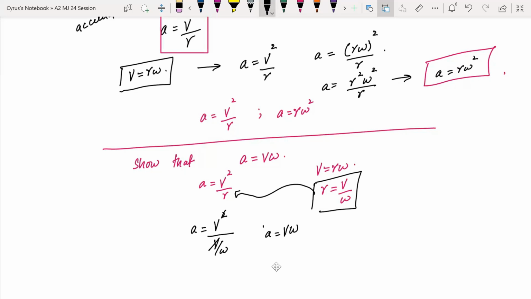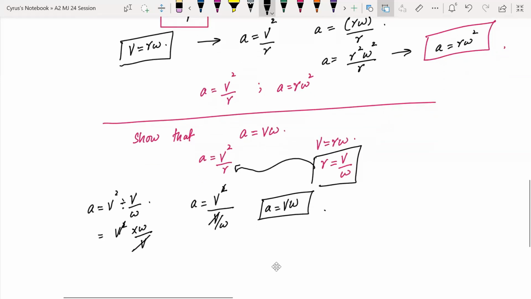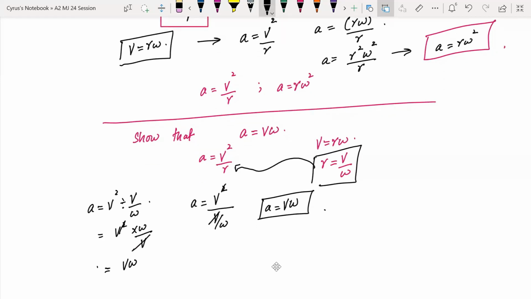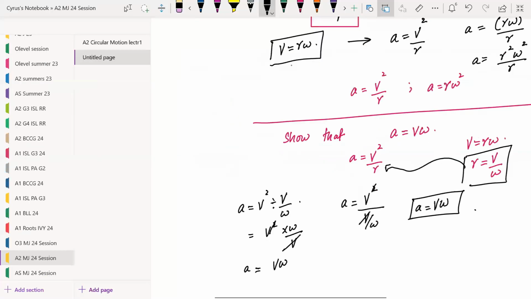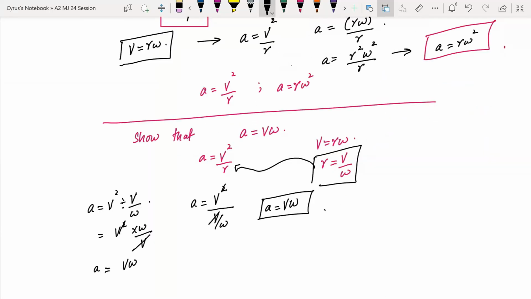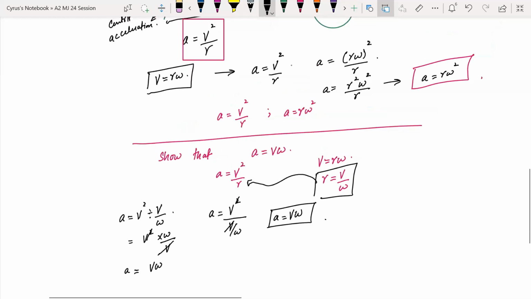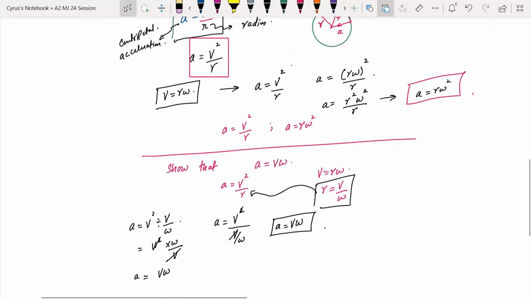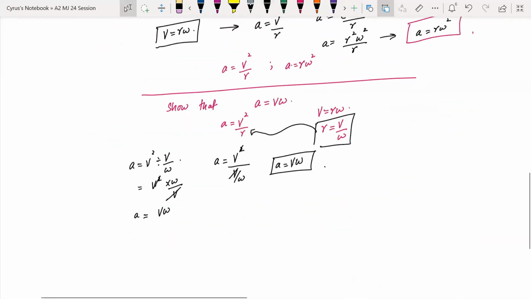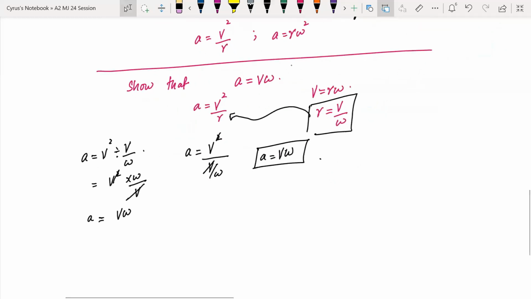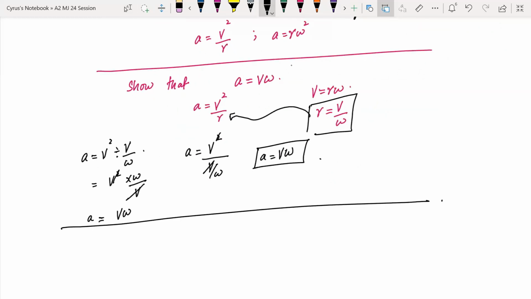And this becomes V omega. ये आप इस तरह से भी कर सकते हैं, V square divided by V over omega, which is, this cancels with this one, and you get V omega. तो ये इस तरह से आप लोग इसको करेंगे. ठीक है, ये हमारे पास डिफरेंट फॉर्मूलाज बन जाते हैं for centripetal acceleration, which is towards the center of the circle. ठीक है, acceleration का ये समझ आ गया सबको?